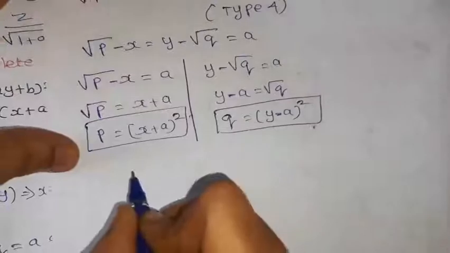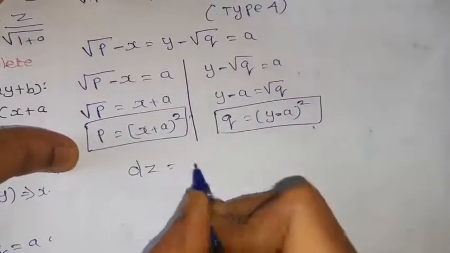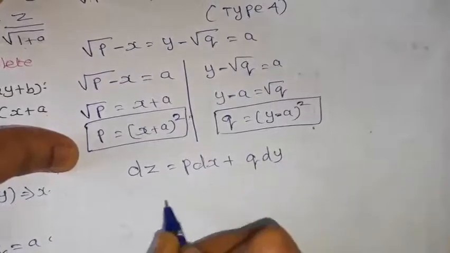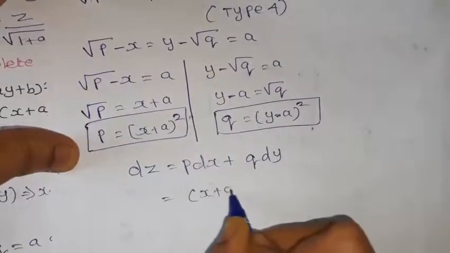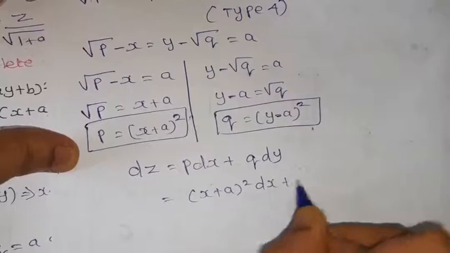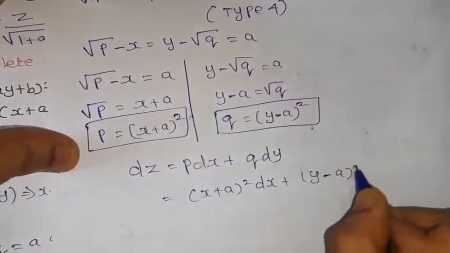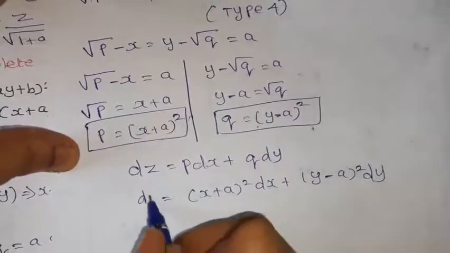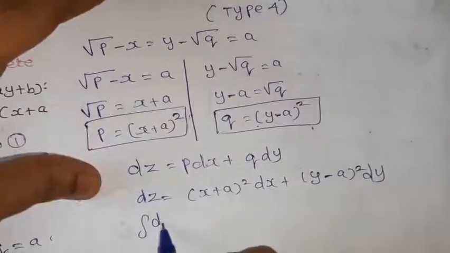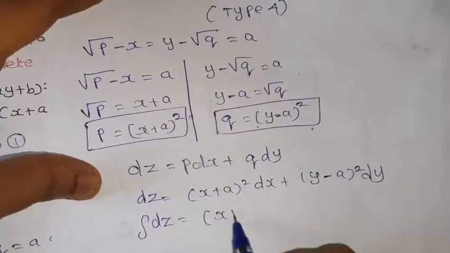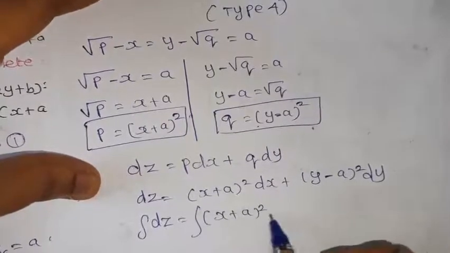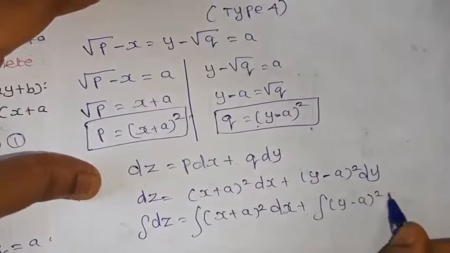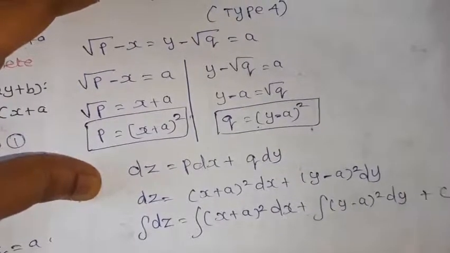Now we are going to substitute p and q in the equation dz equal to p dx plus q dy. So x plus a the whole square dx plus y minus a the whole square dy. Now integrating on both sides: integral dz equal to integral of x plus a the whole square dx plus integral of y minus a the whole square dy, plus some constant c.